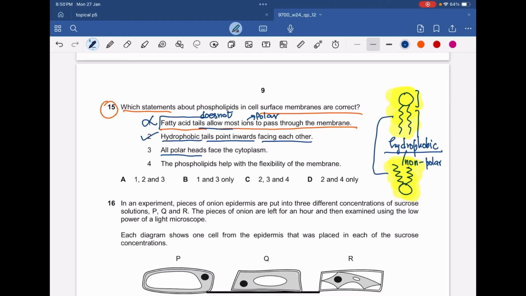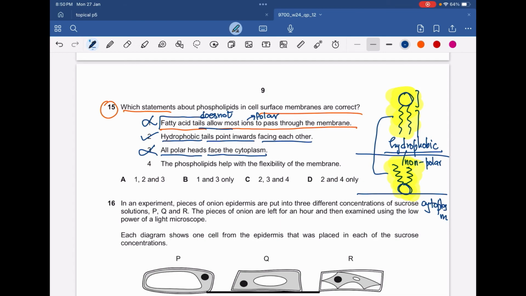All polar heads face the cytoplasm. No, this is not correct. Not all the polar heads face the cytoplasm. If we look at this, the phospholipid which has a layer towards the cytoplasm, its head is facing towards the cytoplasm.